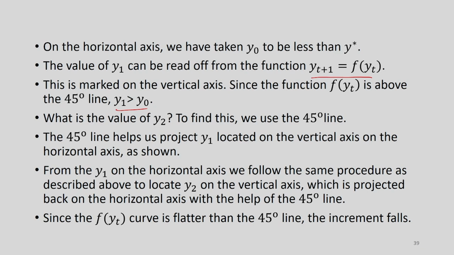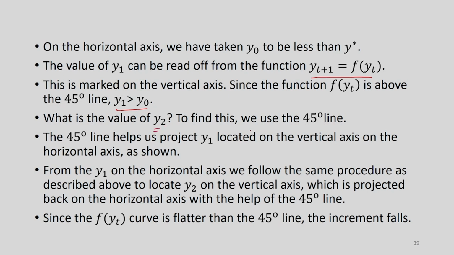If you are at y star, then in the next period also you are going to be at y star, in the third period also you are going to be at y star, etc. So, the question of dynamic stability is, when you start from an arbitrary y0, do the sequence of y's go towards y star or not? Do they converge to y star? That is why we are interested to find out where y2 is if we know about y1.